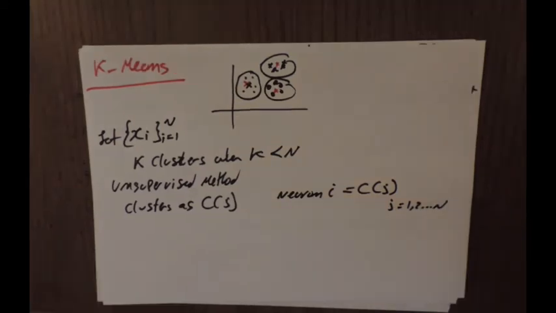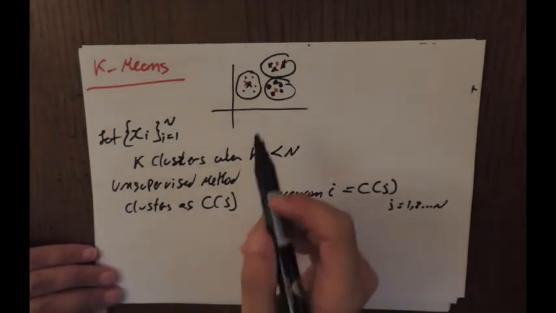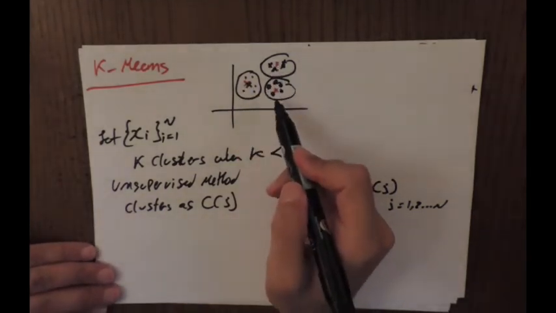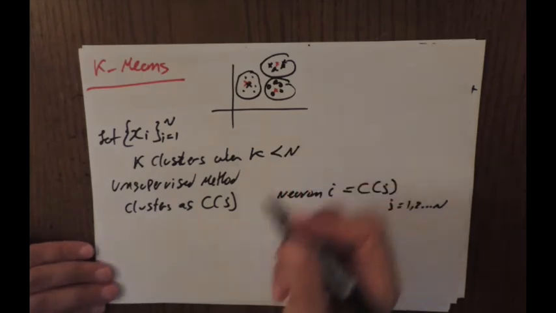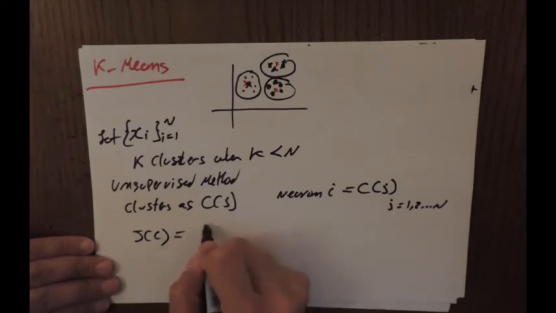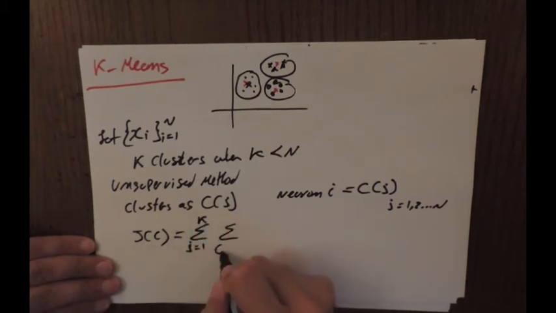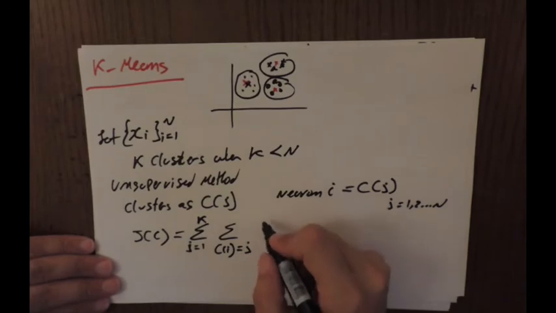Now we want to find those means or averages that represent each cluster. So we want to minimize the cost function, which is equal to the summation over j equal 1 to k, the number of clusters, for a cluster belonging to this neuron.